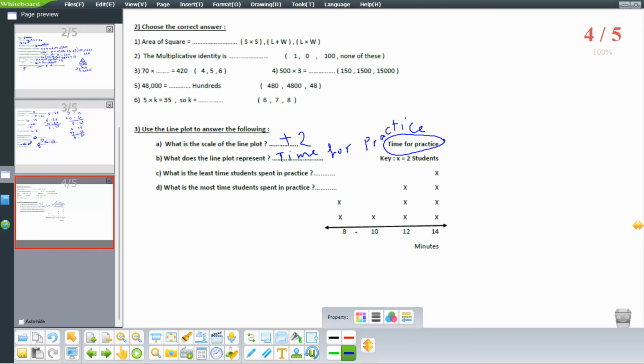Here is the minutes. The lowest is 8. What is the most time students spend in practice? The most time is 14.